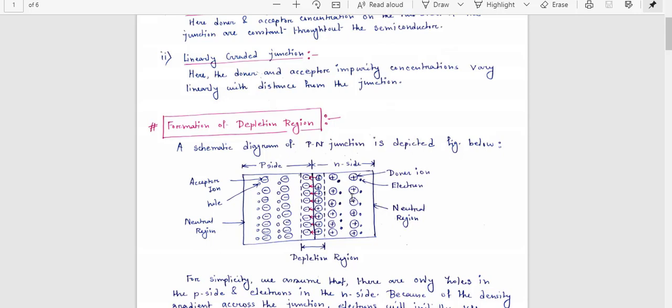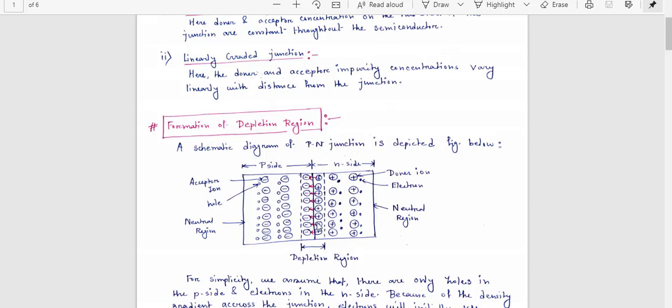We all know for P-type, which one is the majority carrier? Can you remember? Yes, holes are the majority carrier. And for N-type, which one is the majority carrier? Electrons. Also, we know that the P-type semiconductor not only contains the majority carrier.